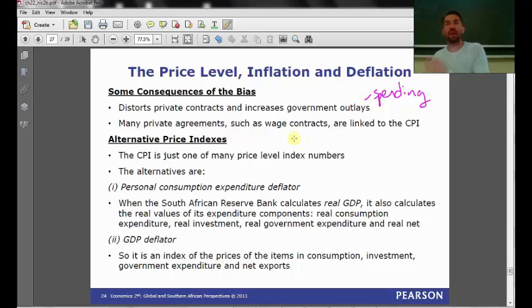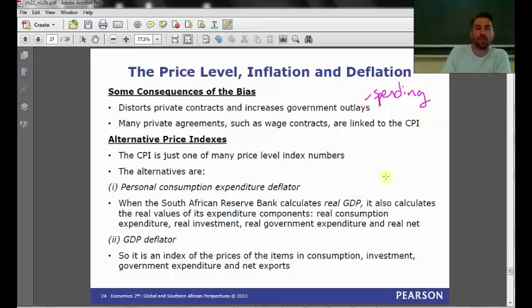The nominal value of government spending will have to increase to achieve the same level of real service delivery. Many private agreements, such as wage contracts, are in fact linked to the CPI. So when inflation is not stable, your CPI is all over the place, it's difficult to set wage contracts because no one really knows what to expect in the future.